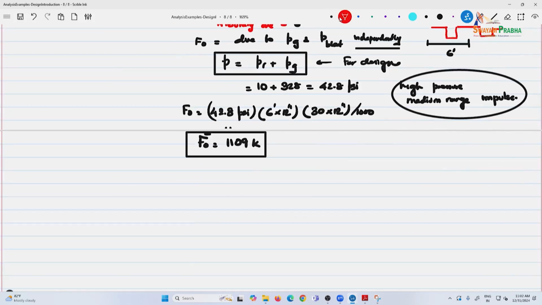Then I'll use some predetermined numbers for this case. You know, we have gone through an exercise of how to do this. Calculate SDOF parameters.